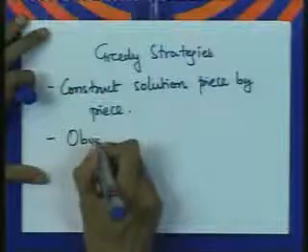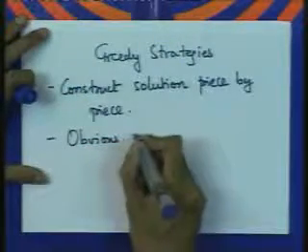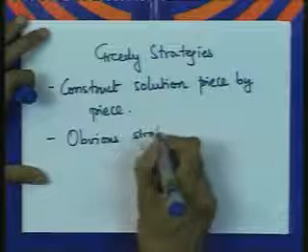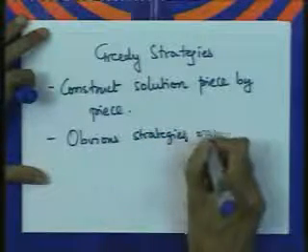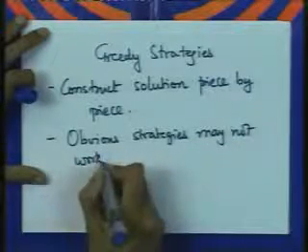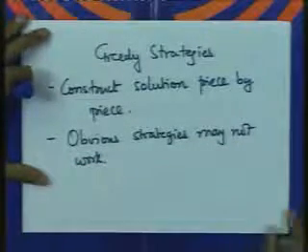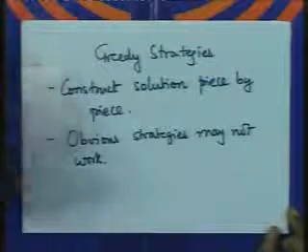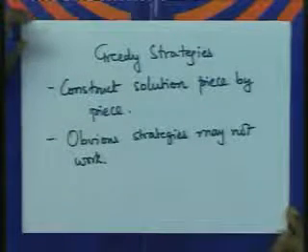Again you pick an interval that ends first, and so on. The moral of that story was that obvious strategies may not work. What is obvious to one may not be obvious to the other, but certain strategies which appear obvious to most normal human beings may turn out not to work.